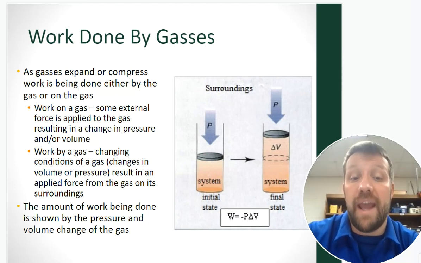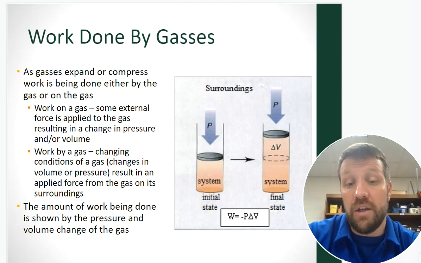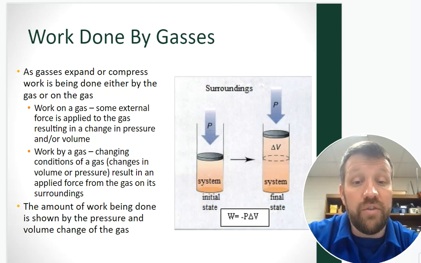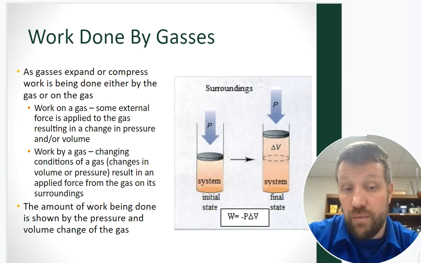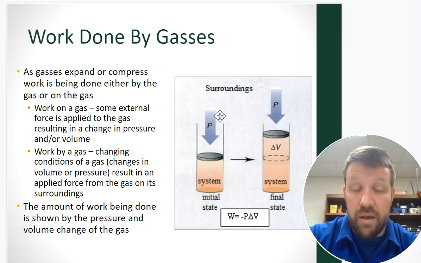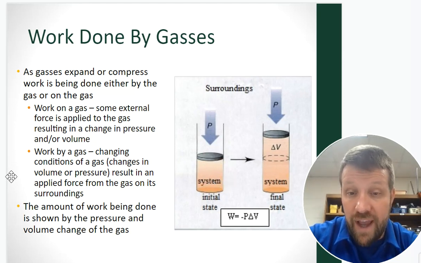So work on a gas, work being done on a gas that's in a closed container. Some external force is applied to the gas, resulting in a change in pressure and or volume. So you see this here on the left. If we apply some pressure or some force or something to this to cause this system to move downwards and be less, we're doing work on that gas.